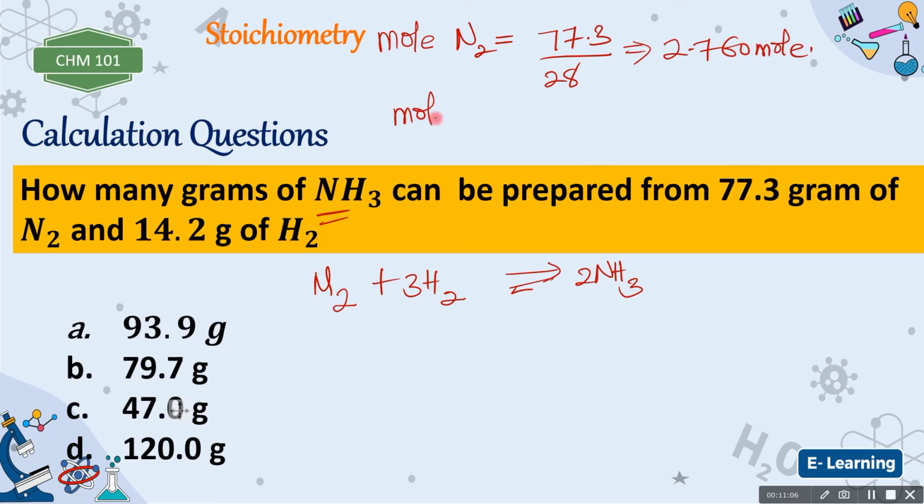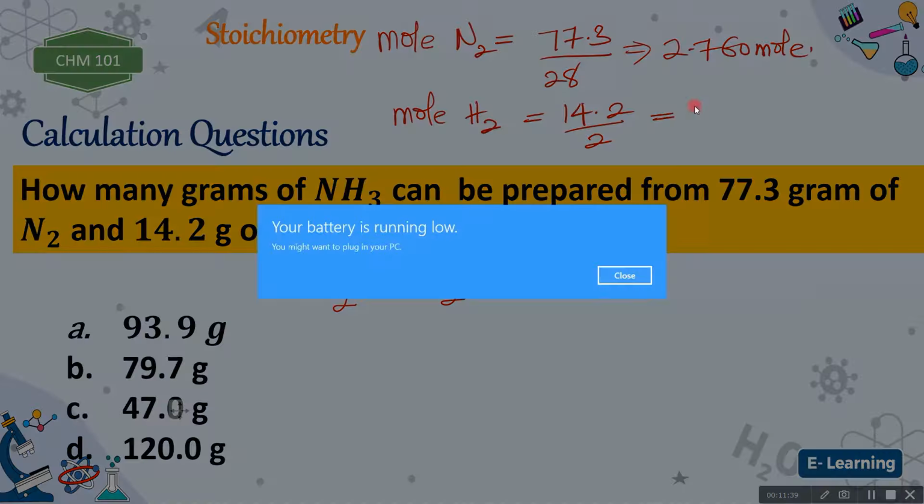Now let us know the amount of mole of H2 to be 14.2 divided by hydrogen is how many? 2. That's the atomic mass of hydrogen. Alright? Hydrogen gas. Is it 2 or 1? It's 2. So 14.2 divided by 2 will give us 7.1.